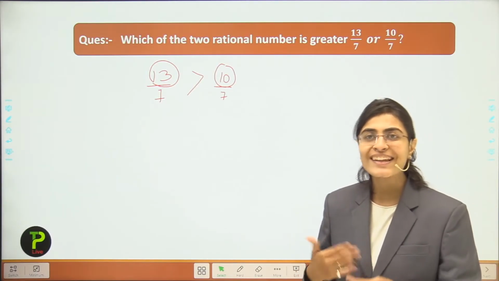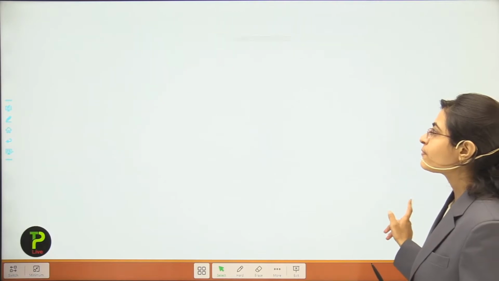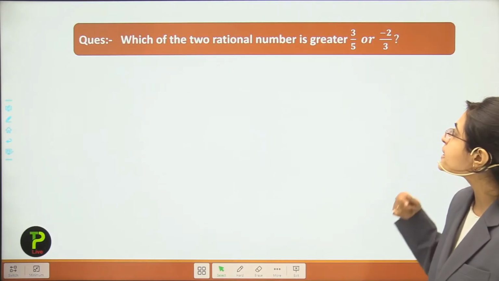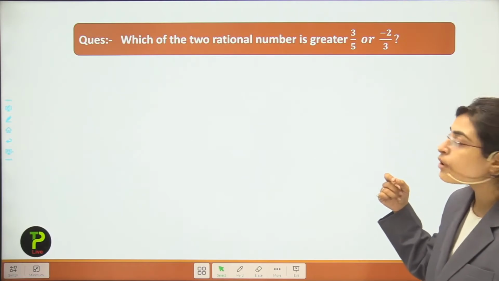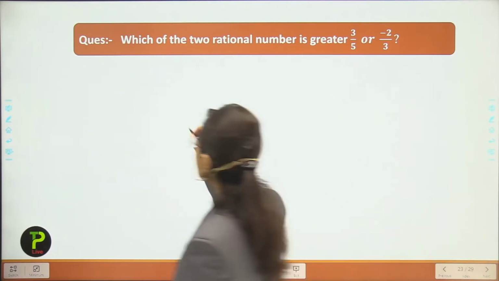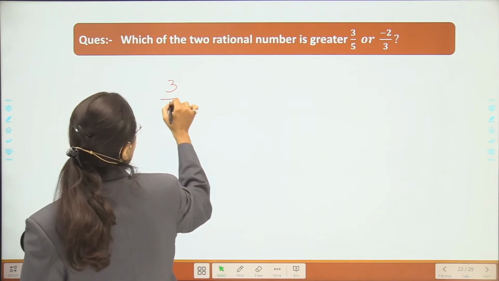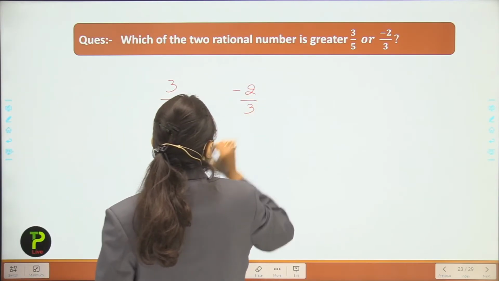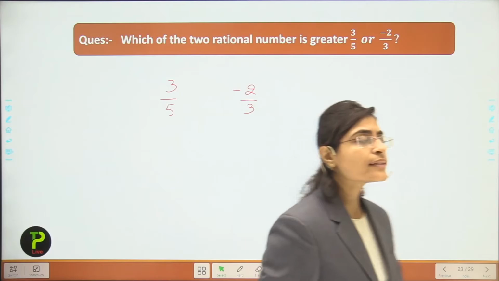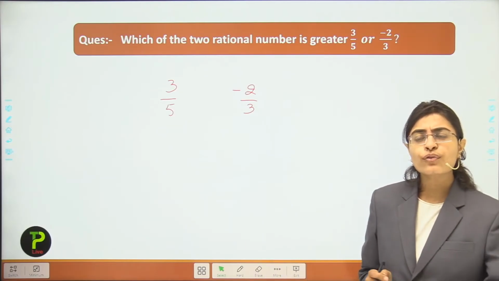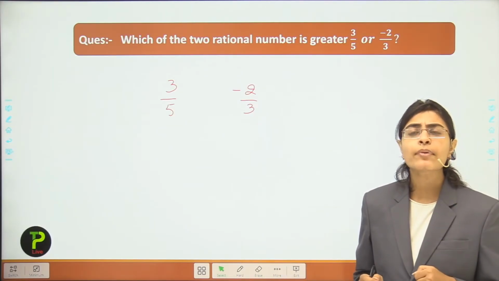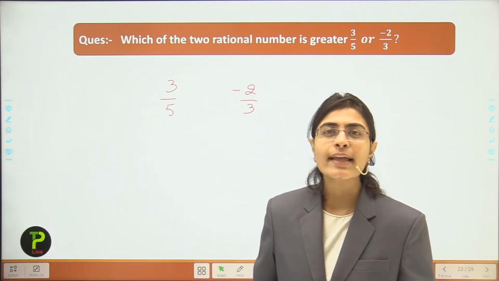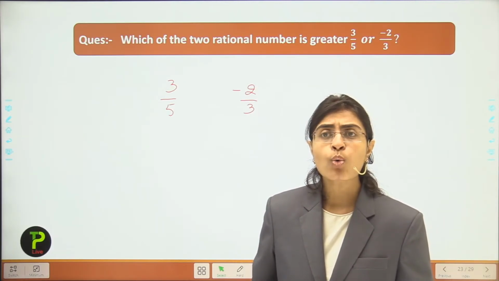Let's move to the next question. Which of the two rational numbers is greater, 3 by 5 or minus 2 by 3? The denominators are different, so we are required to take the LCM, but we can do it within a second without taking the LCM. How?